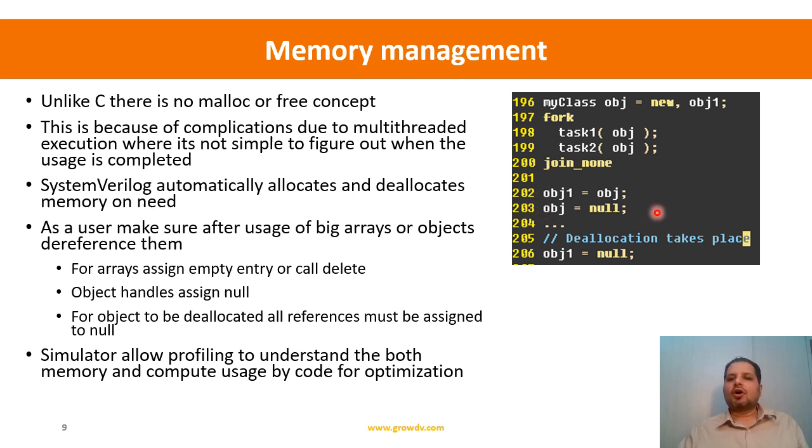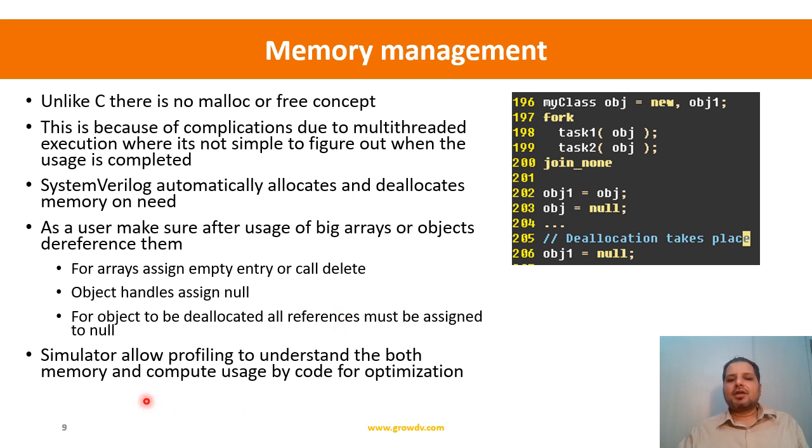Now one of them dereferenced that object, but obj1 is still holding the pointer to the object that we have constructed. So that object's storage memory will not get deallocated. Only when I say obj1 equal to null, so that there is no handle pointing to that particular object, does the deallocation take place.